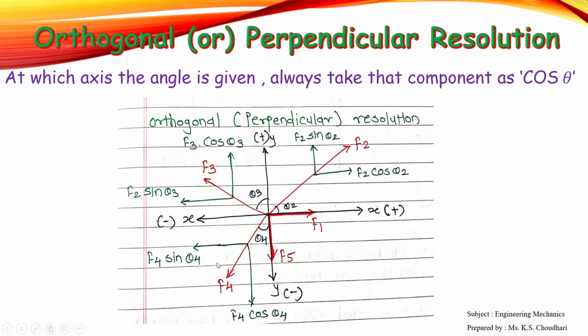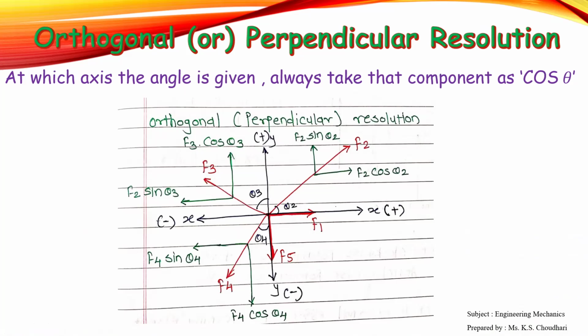Now look at this force, F3. F3 is also an inclined force. But now look, this theta 3 is with the y-axis. So the vertical component we take as F3 cos theta 3. Here we take cos in the vertical direction, not in the horizontal. Vertical or horizontal doesn't matter.